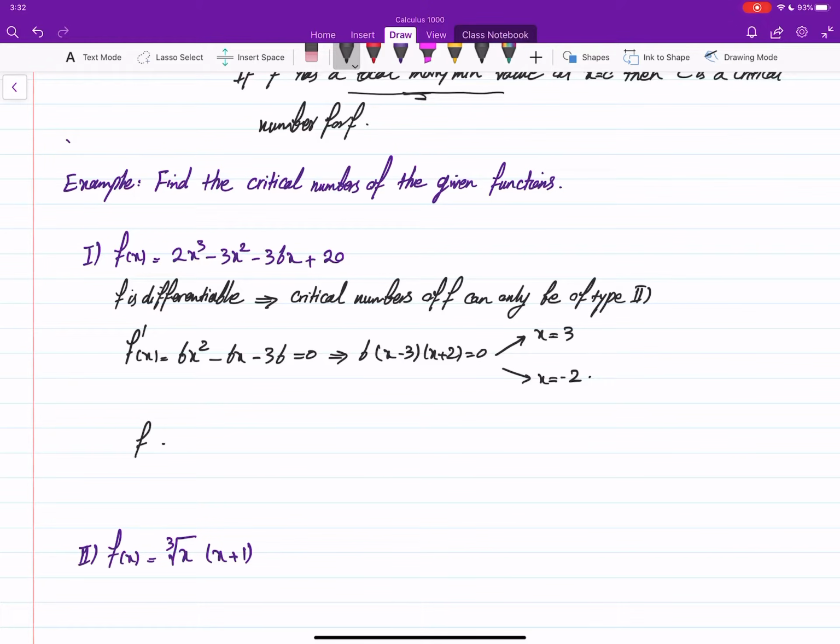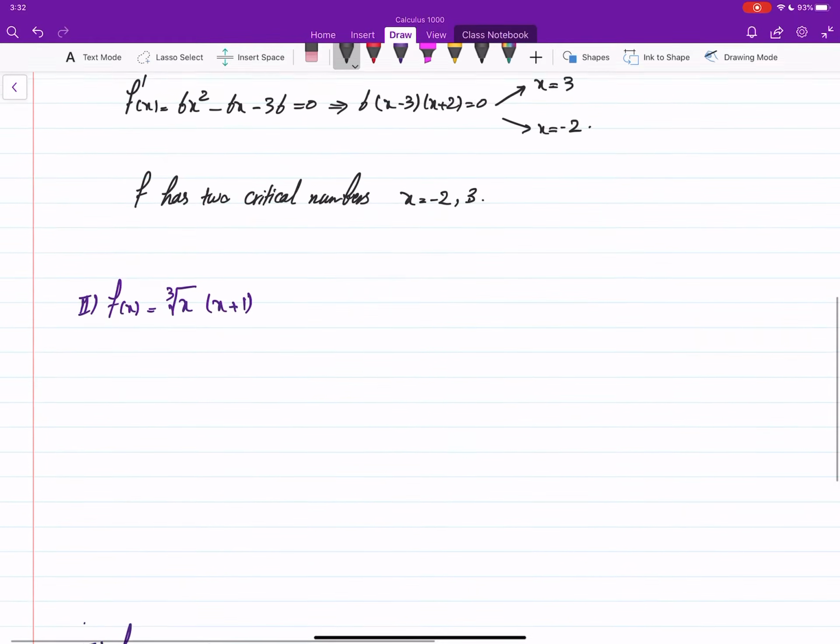So f has two critical numbers, either x is negative 2 or 3. And that's how we find it.